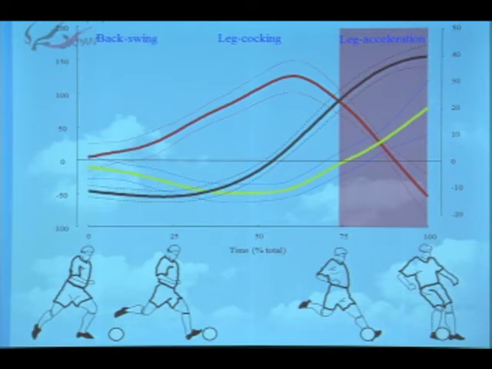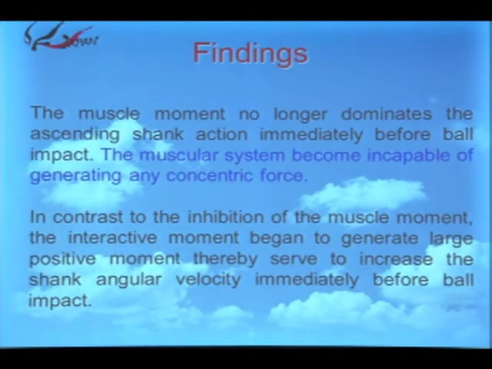It's quite a reasonable way because the muscles about the knee joint have been exposed to a very high angular velocity condition, so they can no longer exert the positive moment. So the findings for the instant kicking: the muscle moment no longer dominates the ascending shank action just before ball impact.